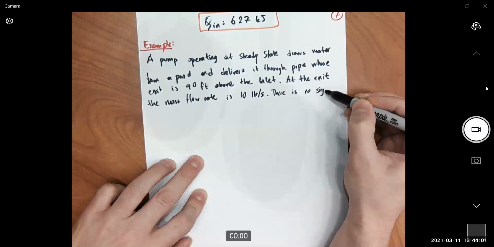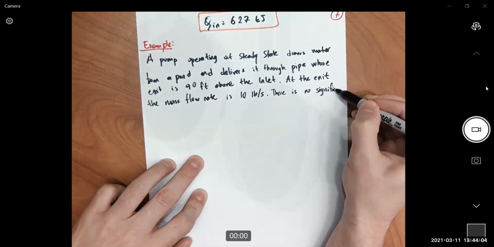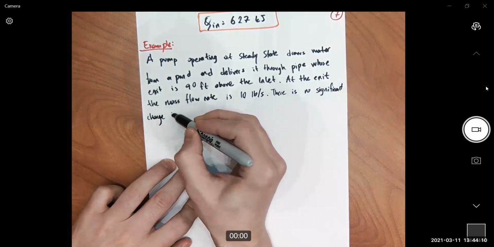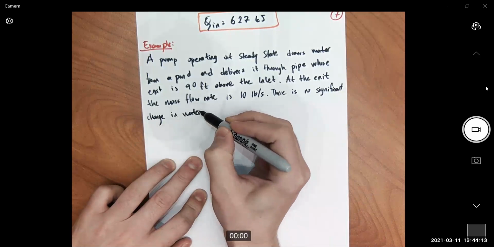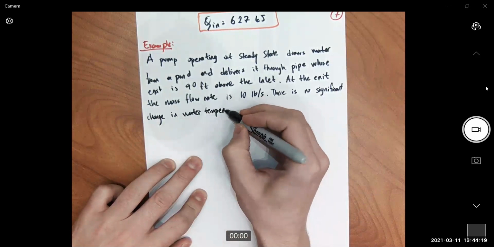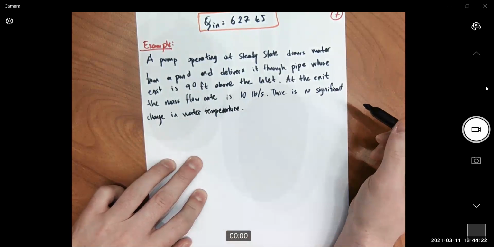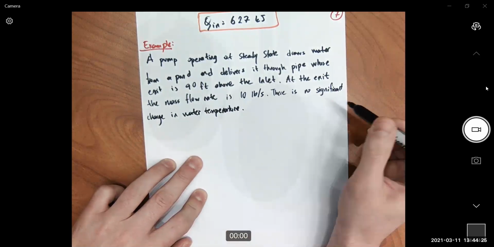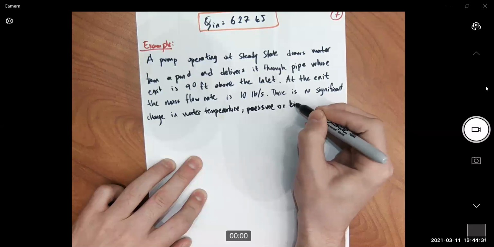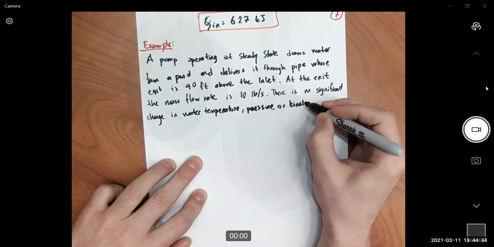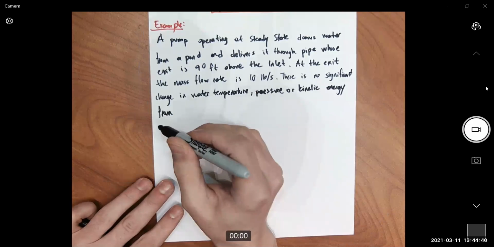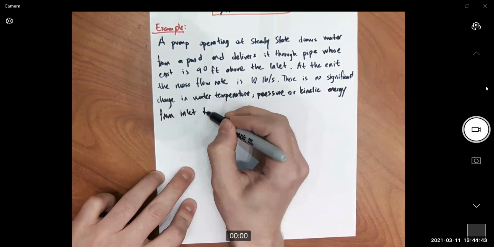There is no significant change in water temperature, pressure, or kinetic energy from inlet to exit.